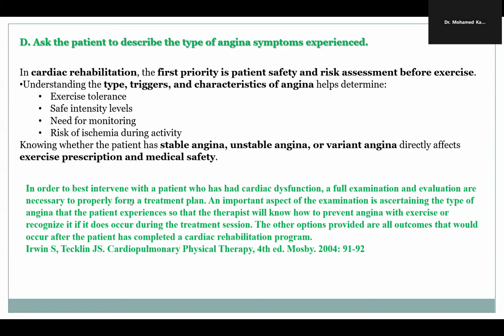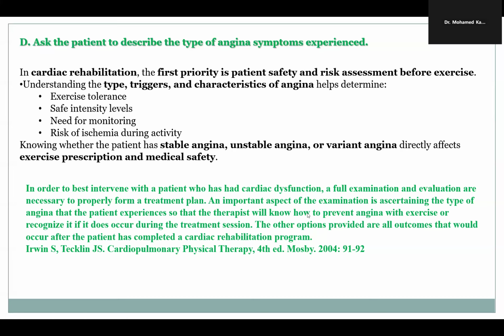So, in order to best intervene with a patient who has had cardiac dysfunction, a full examination and evaluation are necessary to properly form a treatment plan. Basics, okay? Common sense. An important aspect of the examination is ascertaining the type of angina that the patient experiences so that the therapist will know how to prevent angina.